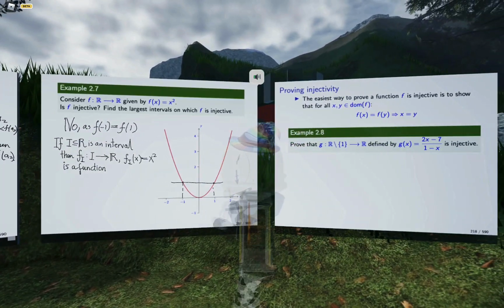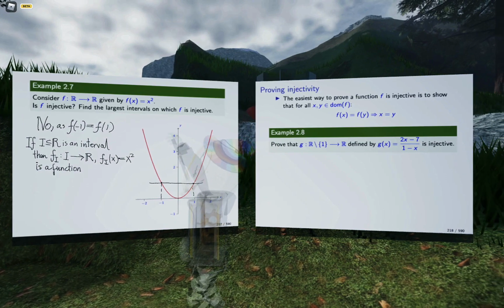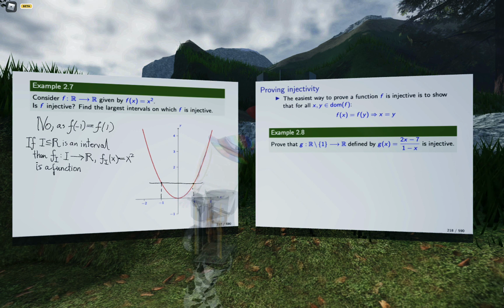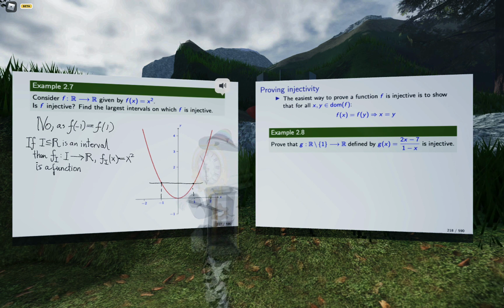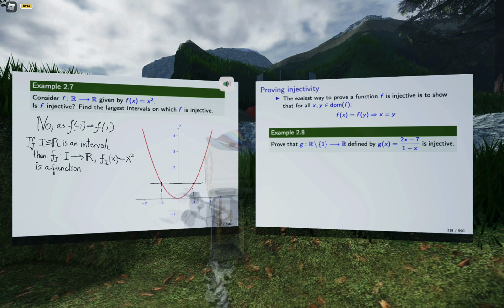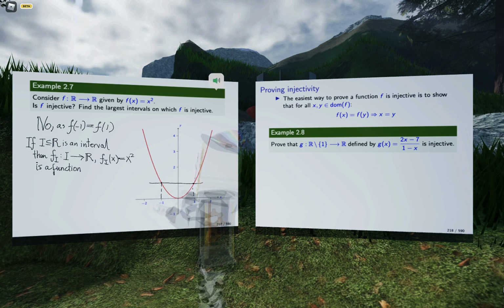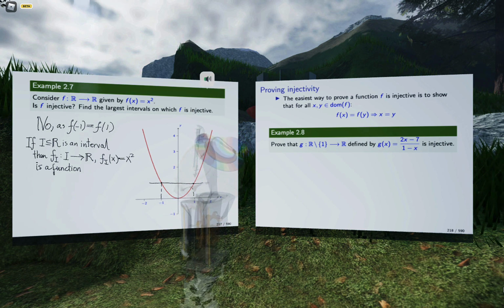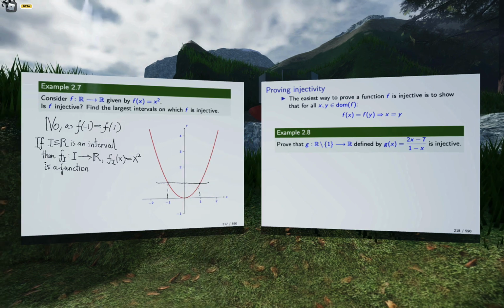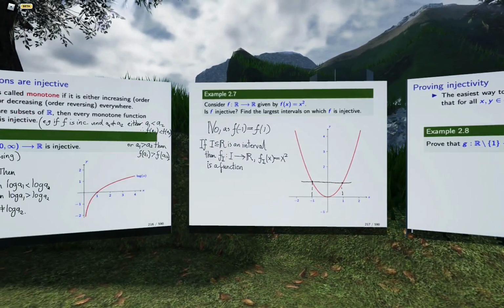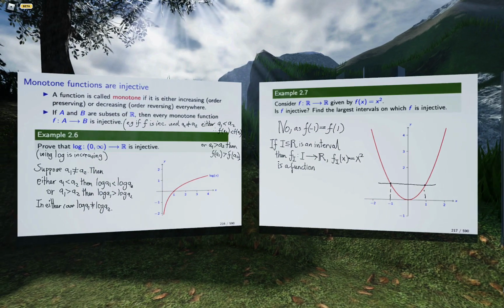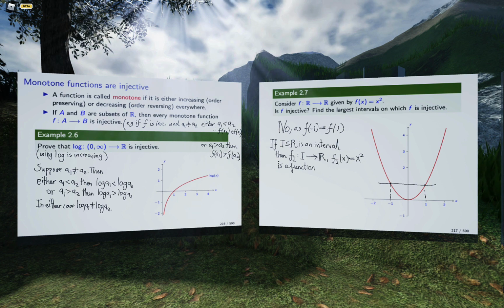Well, the point is that injectivity is a property of a function, not a property of a rule. You may not be used to distinguishing between functions and rules, as we discussed earlier. But what does the definition of injectivity say? Well, if we go back over and take a look, yeah, I guess it's implicit here, right?